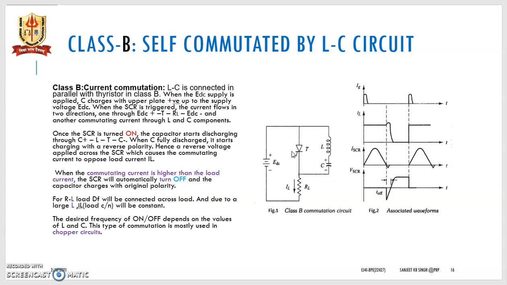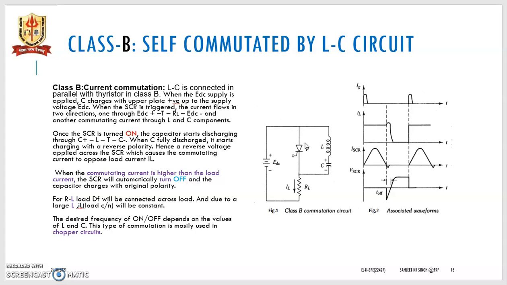When the SCR is turned on, current flows in two directions: one through the EDC positive to the thyristor to the load resistor back to the negative of the supply battery, and second through the capacitor, inductor and thyristor and back to the capacitor negative plate.